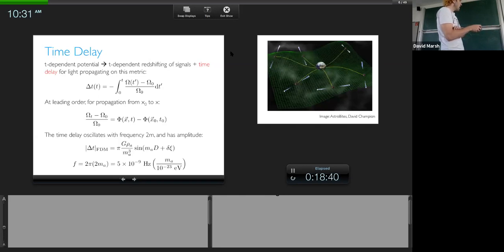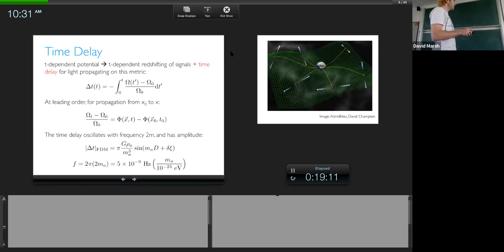So here the magnitude of the time delay is equal to pi g rho over m cubed times sine md, where d is the distance to the source. This is how many oscillations you saw along the line of sight, and delta psi is the difference in the local phase from the point of emission to the point of arrival. And this is the thing that vanishes when you take the variance.